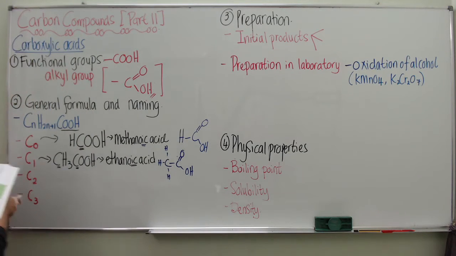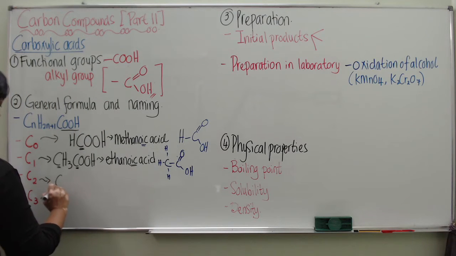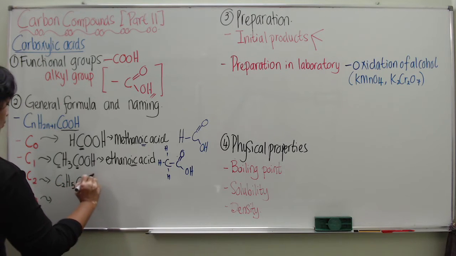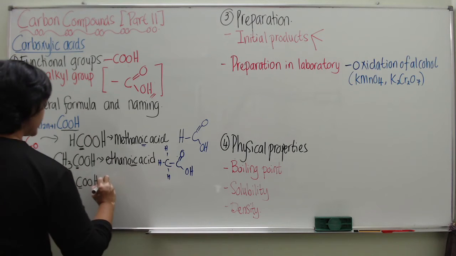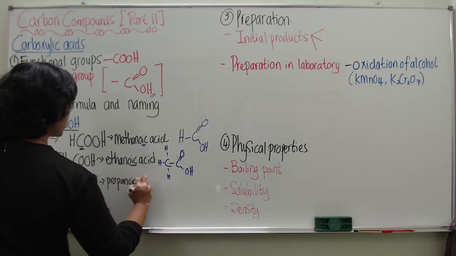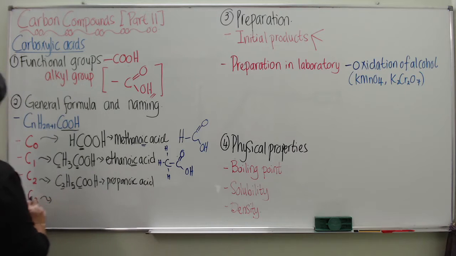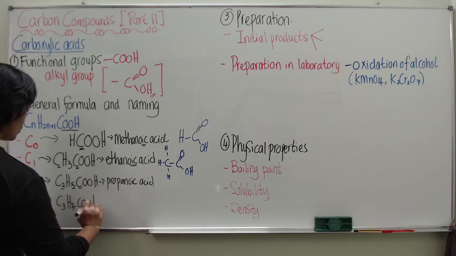Same follows. The teacher is not going to give examples of all, and for your syllabus you have to know up to butanoic acid. So it will be C2H5COOH, 2 plus 1 is 3. So this will be propanoic acid, and C3H7COOH.